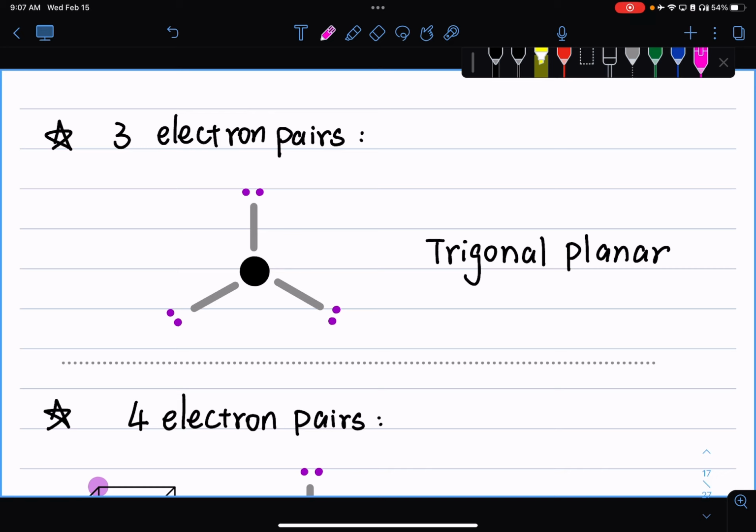If we have three electron pairs, again, electrons want to stay as far away from each other as possible. So here we have a trigonal planar geometry, and the angle here is 120 degrees. So far we're all in the planar world.